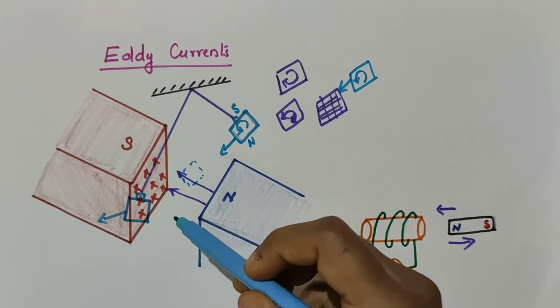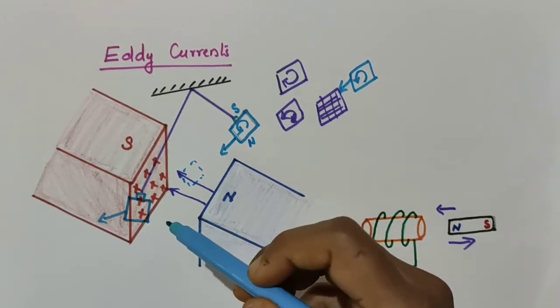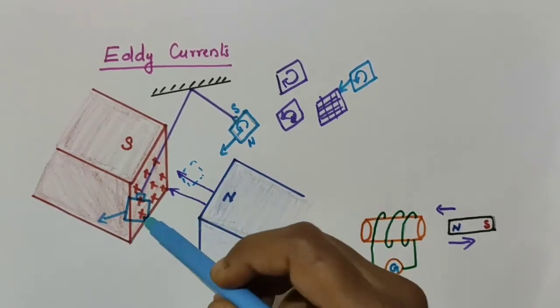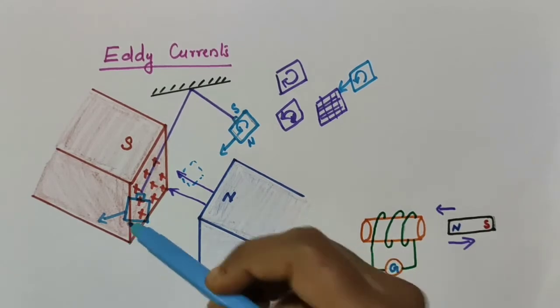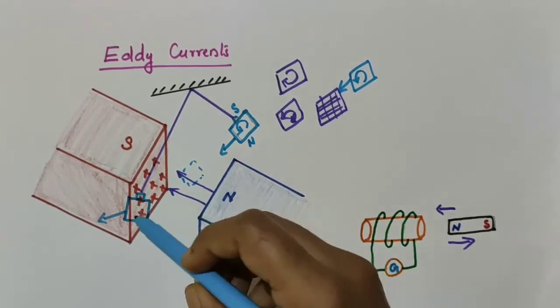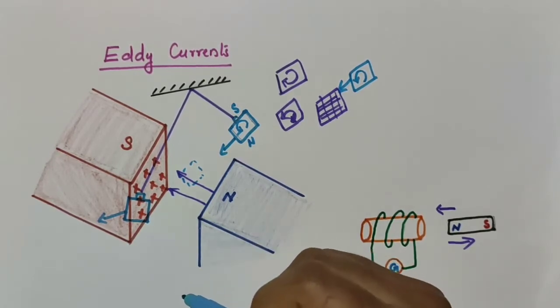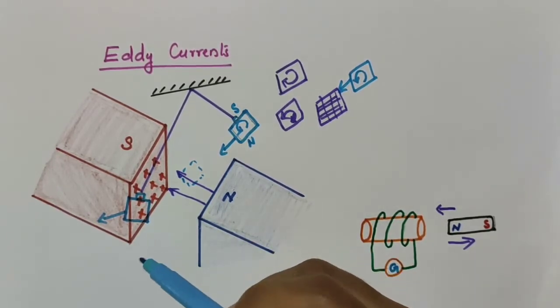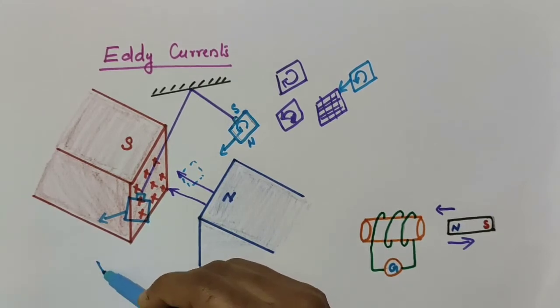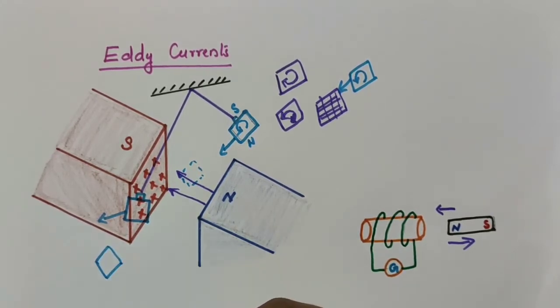So again electrons will start circulating and some current will be induced in the copper plate. That is, a circulating current or an eddy current will be induced in this copper plate to oppose this decrease in flux. So the corresponding current induced in the copper plate should be in which direction?